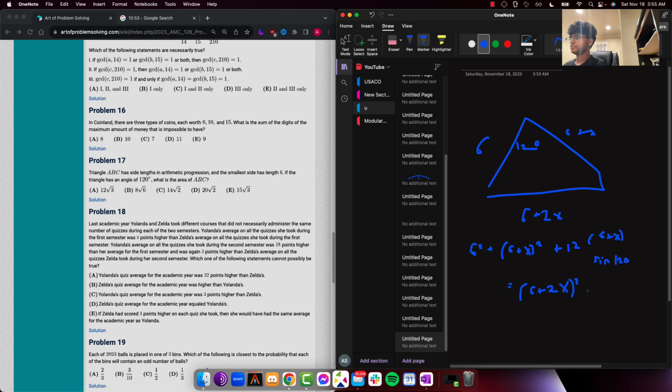And we solve this. 6 squared is 36. Right. Cosine 120 is negative 1/2. So this is a negative 6.